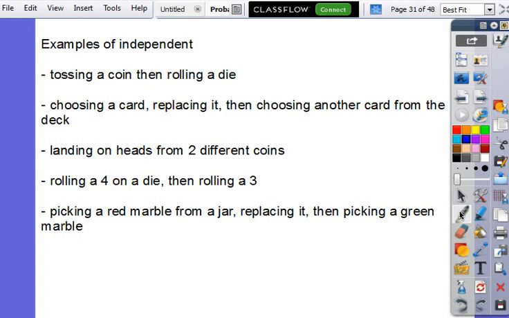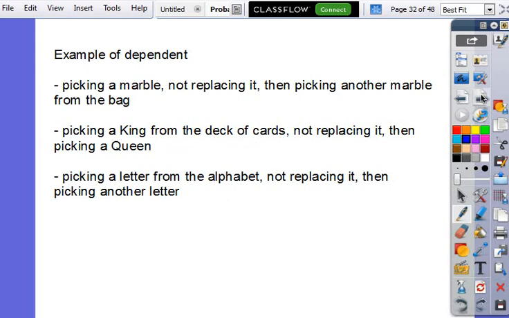Here are some examples of dependent. If I'm looking at all these examples, what's the main thing we should pick up on? Not replacing. Not replacing is what makes it dependent.